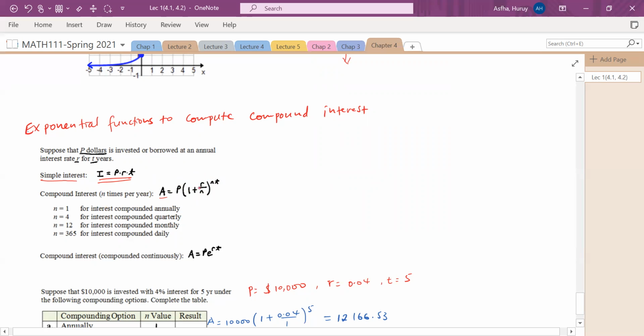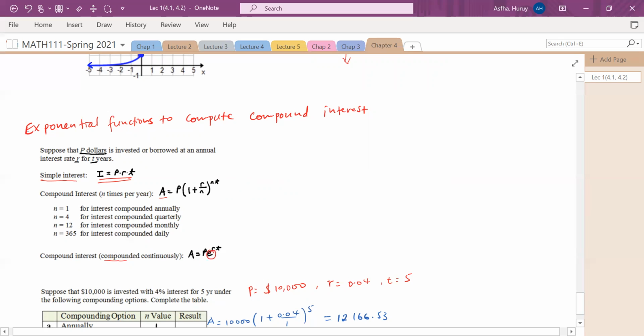This depends on what N is, how many times it's being compounded. As N increases, and if the compounding becomes continuous, instead of just taking 365, then A equals P times e to the power of r times t.